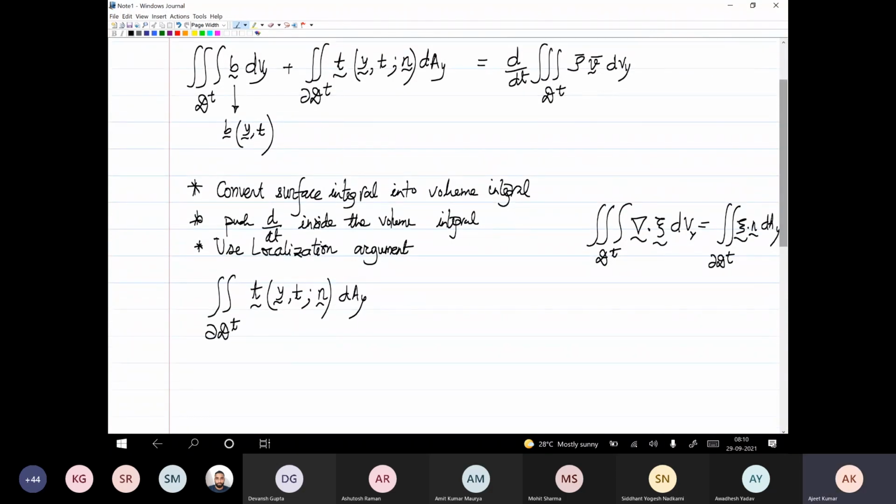Right now, this surface integral doesn't look like the form that we have over there. We have there a vector field xi, which has to be dotted with the normal n. So Chaitanya is asking, can't we apply the integral form to every point in the domain? Yes, you can apply that, but it won't give you anything because one of the terms is a surface integral. Everything must be a volume integral, no?